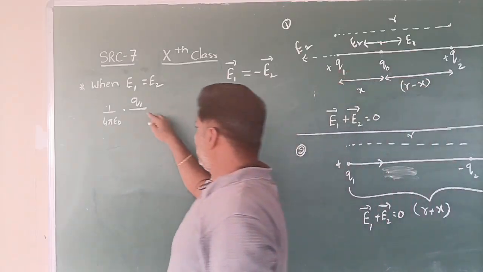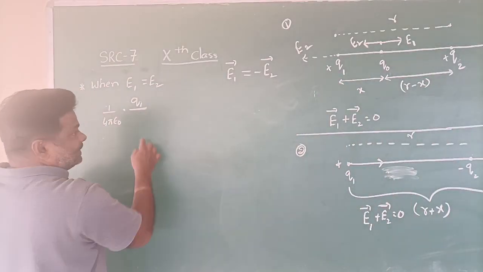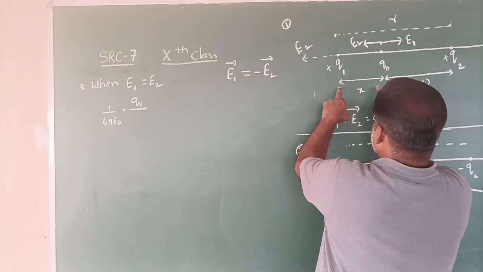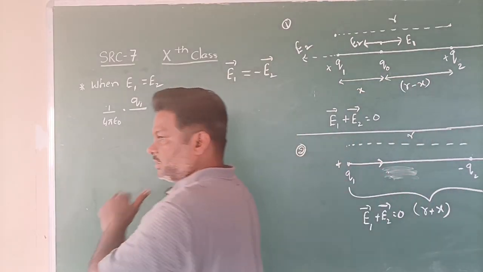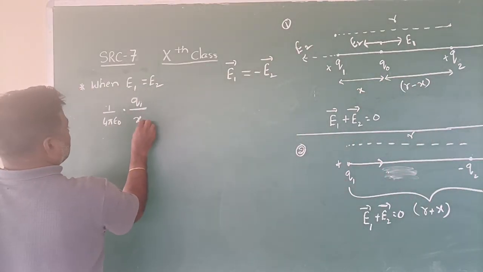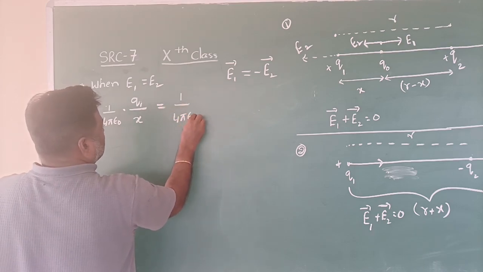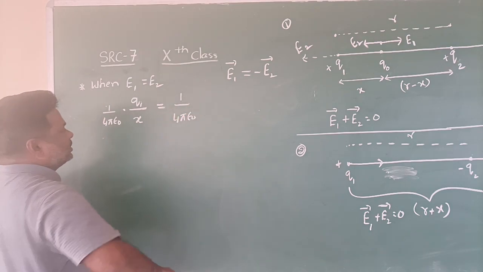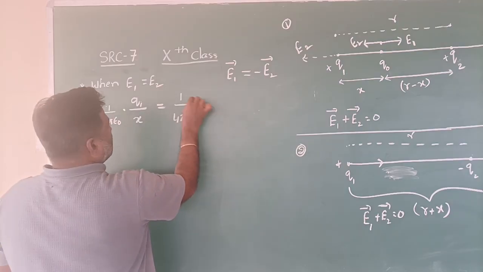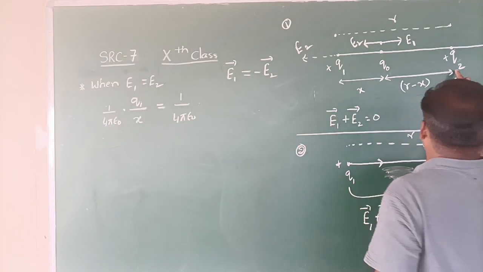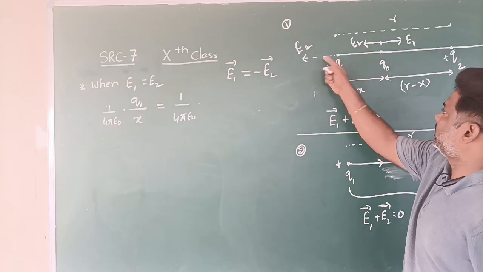That is why we are writing Q1 by the distance between Q1 and our test charge, which is x squared, is equal to E2, which is 1 by 4 pi epsilon naught. Now this E2 is due to Q2, acting away from Q2.